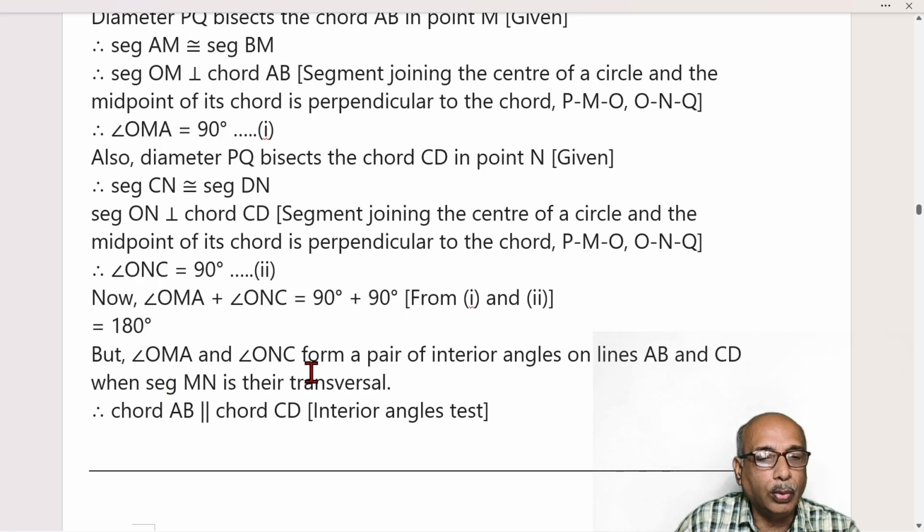But angle OMA and angle ONC form a pair of interior angles on lines AB and CD when segment MN is their transversal. Therefore, chord AB is parallel to chord CD, by the interior angle test.